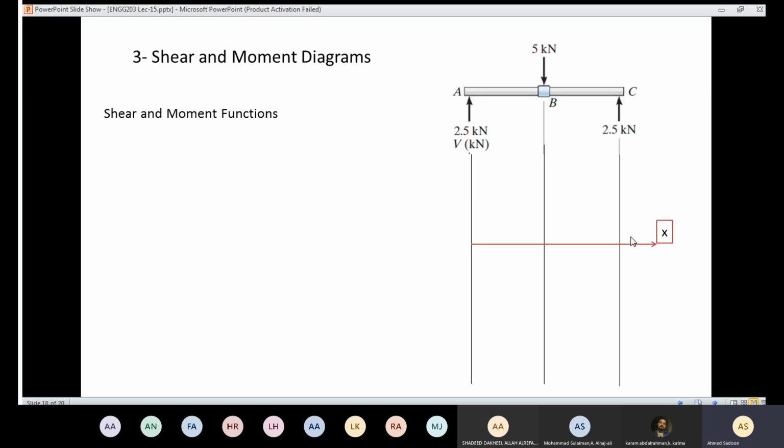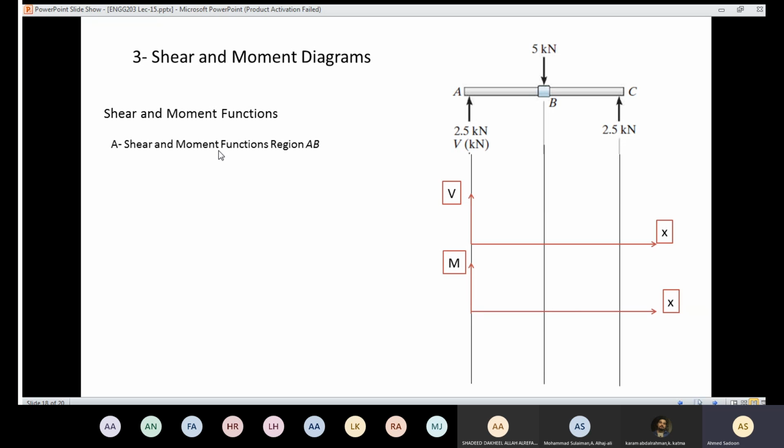The x-axis here represents the distance. I need to draw the y-axis. The y-axis here represents the shear force. Again, I need to draw another diagram. I have x represent the distance, and y represents the moment. Here I'm going to draw the shear force diagram, and here I'm going to draw the bending moment diagram.